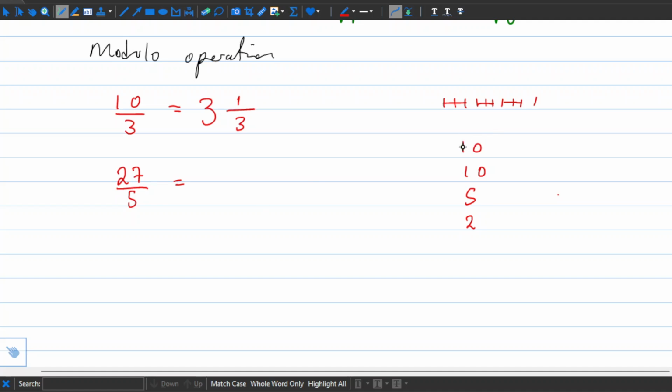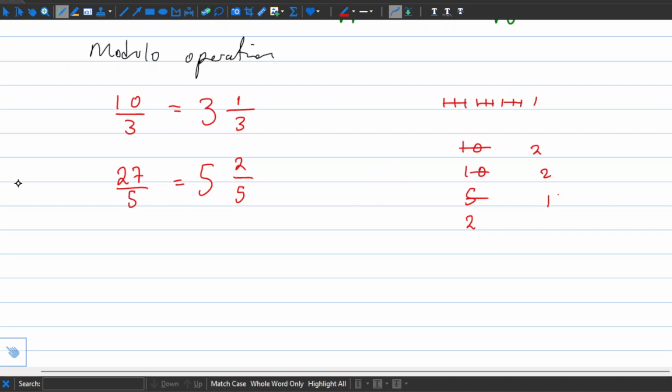Then you'd say 5 goes in 2 times, 2 times, 1 time, and we have a remainder of 2. You would write this as 5 times 5 plus 2 over 5. The idea is that when you multiply 3 times 3 plus 1, it should give you 10, and 5 times 5 plus 2 would give you 27.